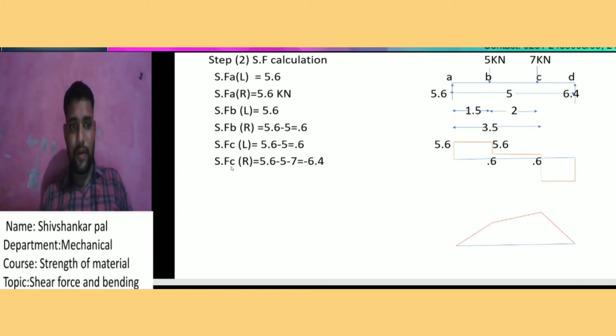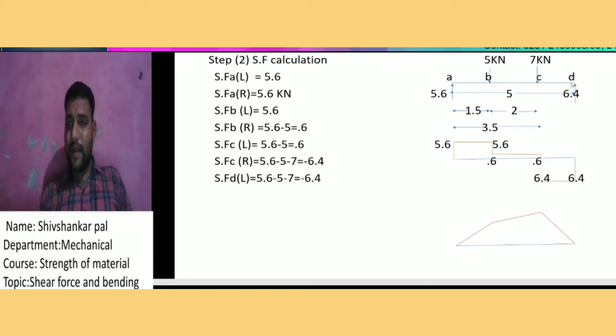So the shear force at point C equals 5.6 upward, minus 5 downward, minus 7 downward. Taking the negative, the result is minus 6.4. That is the shear force at point C.